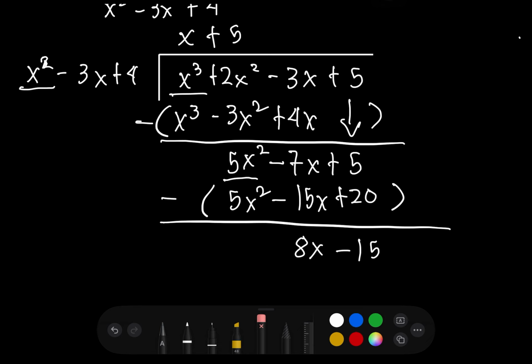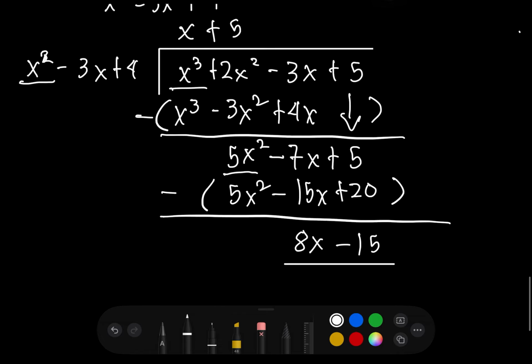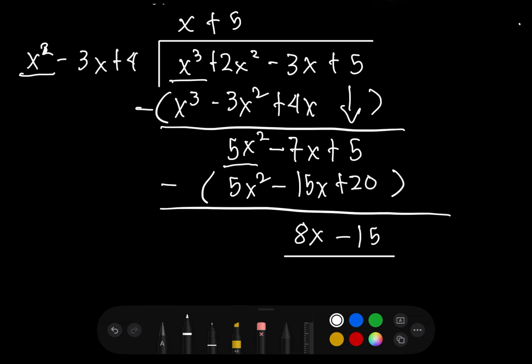Since oblique asymptote, we are just solving using the long division, ignoring the remainder. So, hindi na natin kailangan yung remainder na to. Because we are ignoring the remainder after solving for the long division of the two polynomials when we are looking for the oblique asymptote.